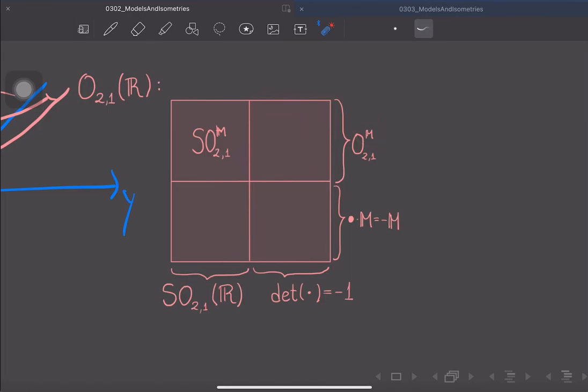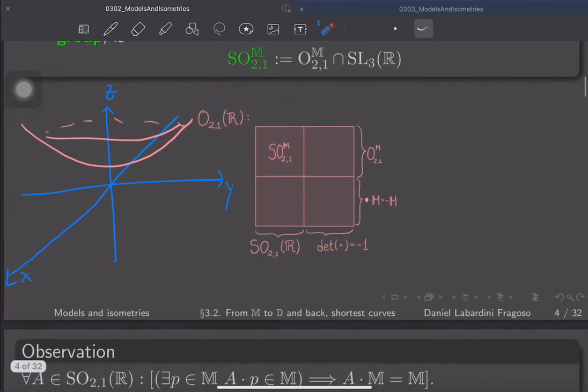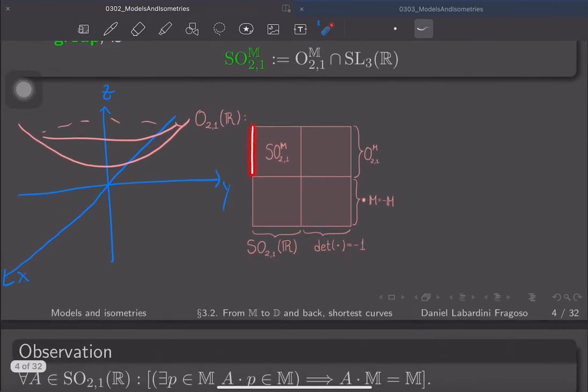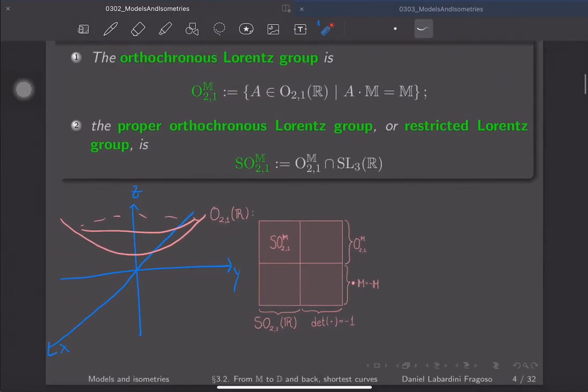So what I'm saying is that this subdivision makes sense, and all these four are non-empty. These four regions, later we saw, are actually the connected components of the Lorentz group. And then we saw that the restricted Lorentz group is the connected component of the identity.